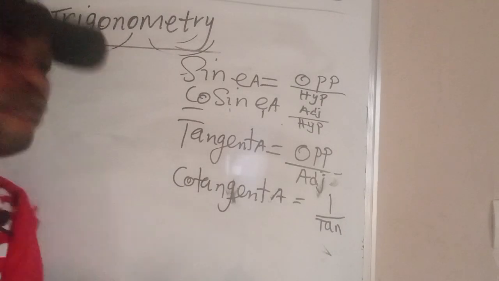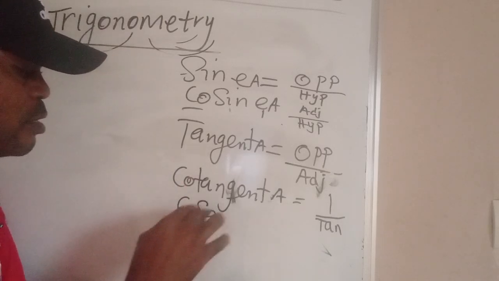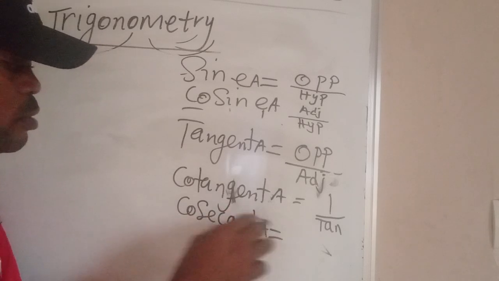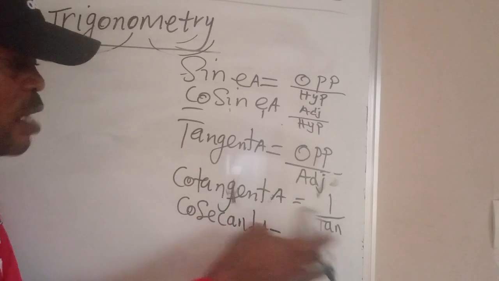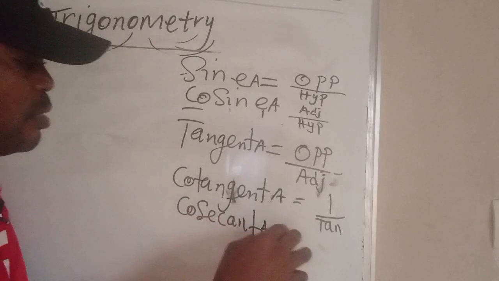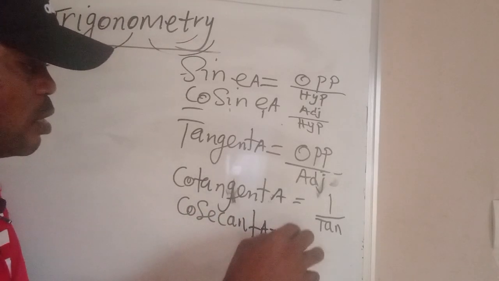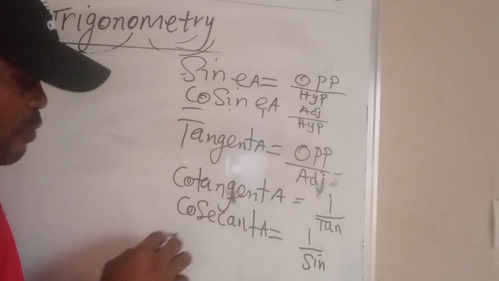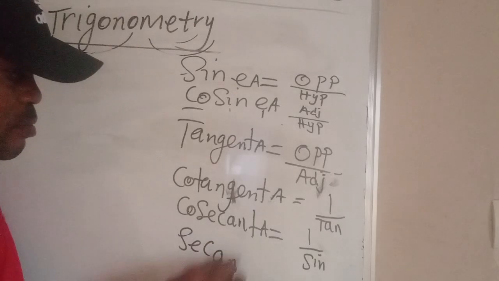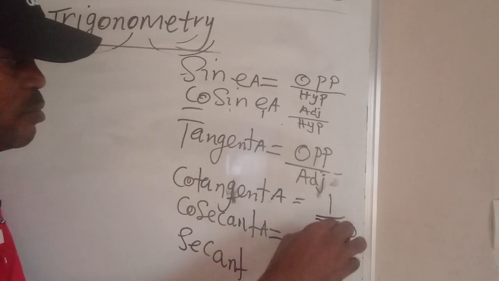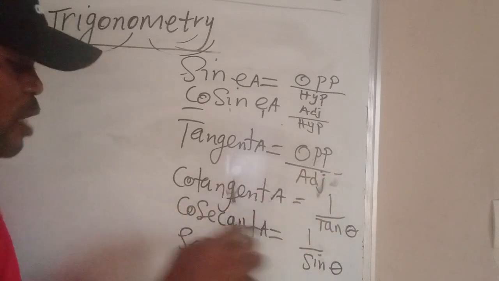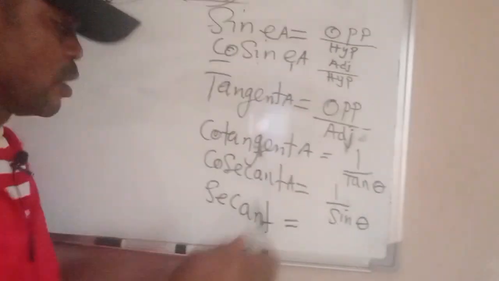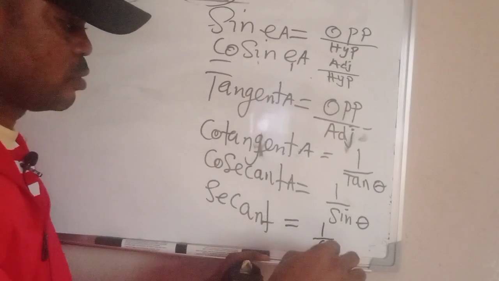Then you also hear of the cosecant, which is 1 all over sine. And then you have the secant, which is going to be 1 all over cos theta.